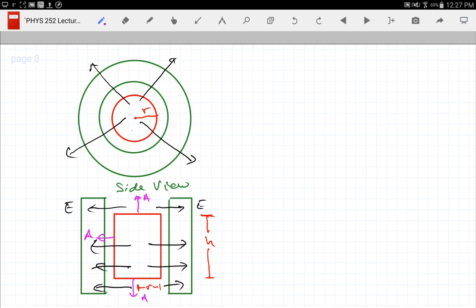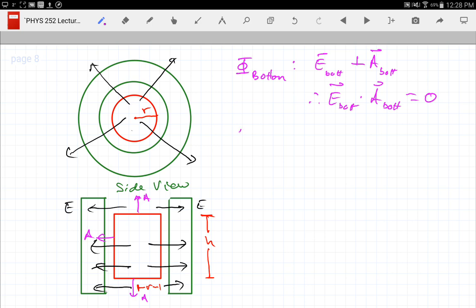Okay, so the flux on the bottom, electric field on the bottom, is perpendicular to the area on the bottom. Therefore, E bottom dot A bottom equals 0. Now there's another easy one. What's the other easy one? The top.